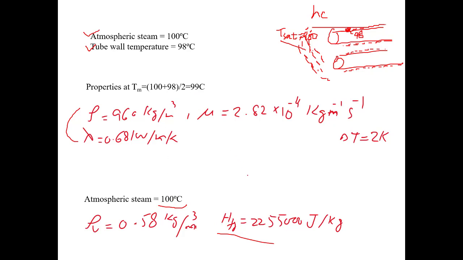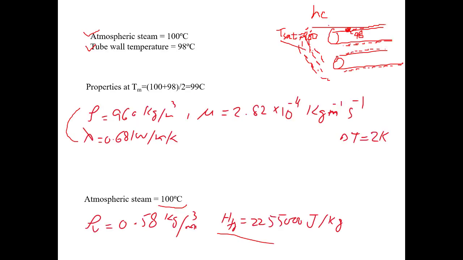Similarly, when you do these kind of calculations for boiling, please remember that for the case of liquid properties, you will use the boiling temperature, but for other properties like viscosity and density of the vapor phase, you will use an average temperature.